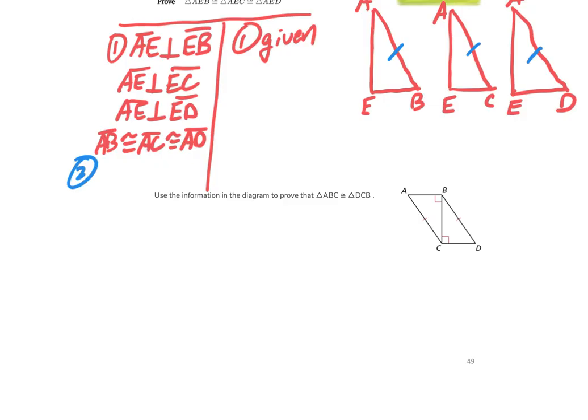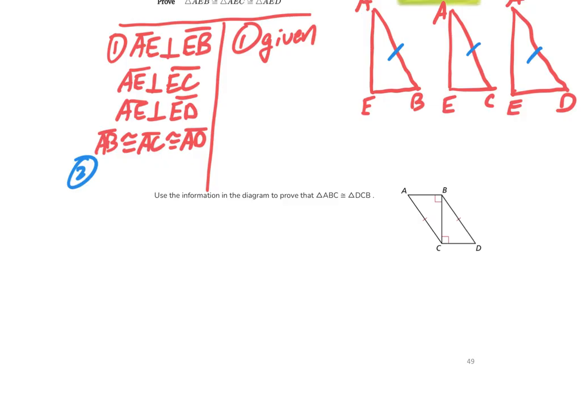What does all three of these statements tell me? That they're perpendicular. And once again, just like we did on the last one, the fact that they're perpendicular tells me what? 90-degree angles, okay?